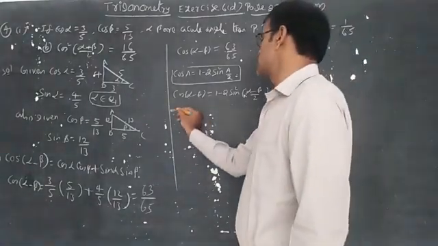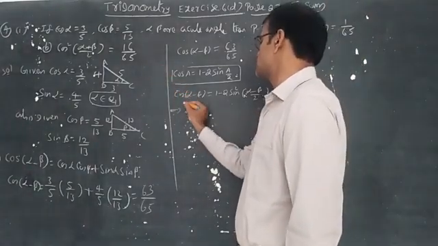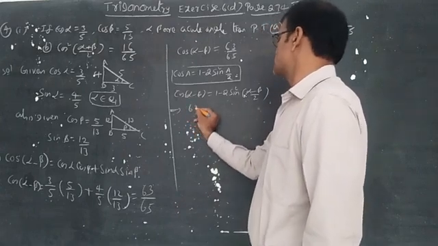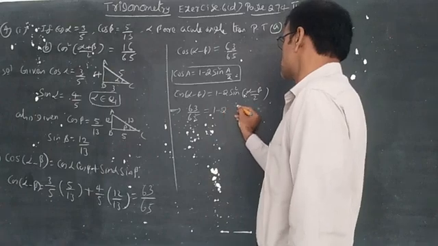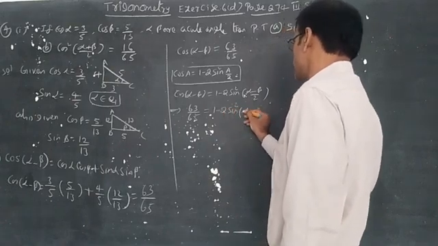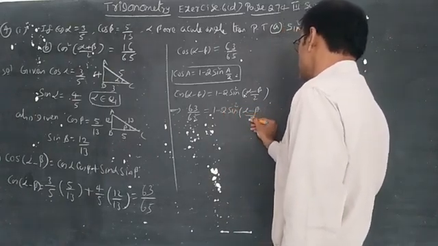That implies cos of (alpha minus beta), we got as 63 by 65, is equal to 1 minus 2 sin square of (alpha minus beta) by 2.